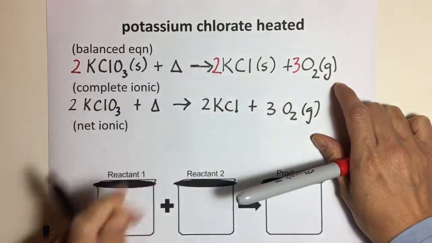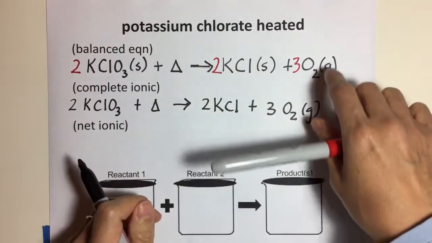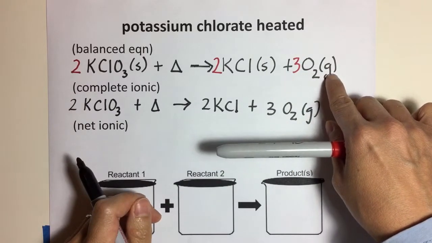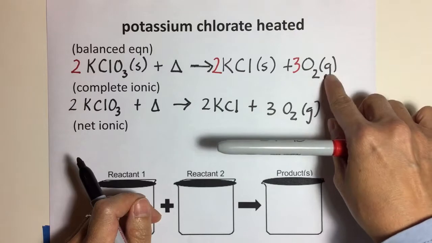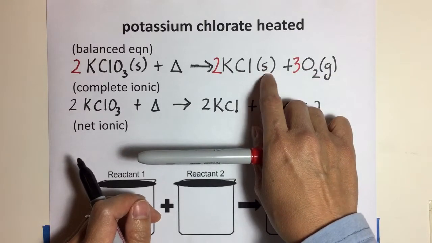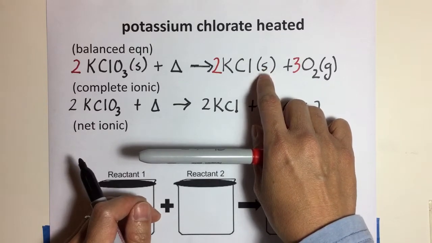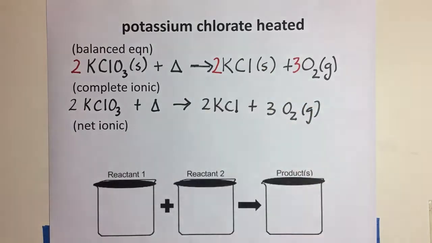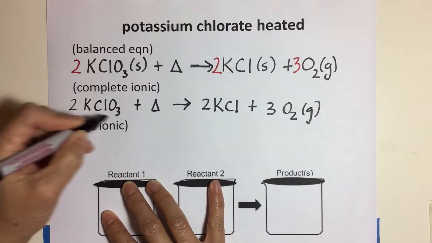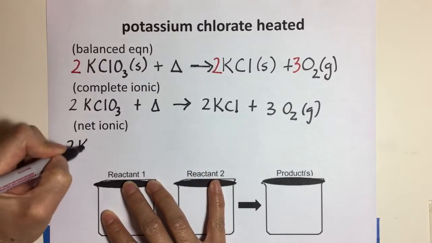So let's talk about driving force really quick. I didn't need to put the state of matter, but let's talk about driving force. Gases are evidence of a driving force, as well as the formation of a solid. So here's another solid forming as a result, indicating that this is a driving force. So for the net ionic equation, again, there's nothing that you can dissociate, or nothing that cancels out because you didn't dissociate anything.